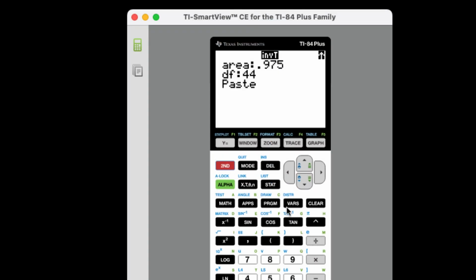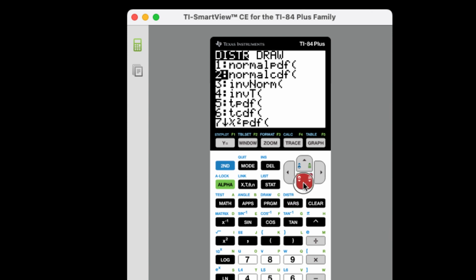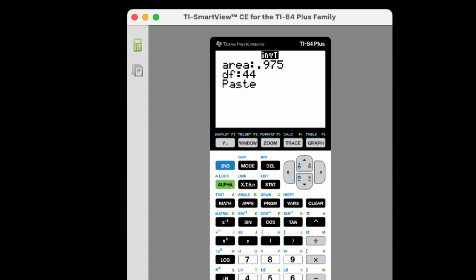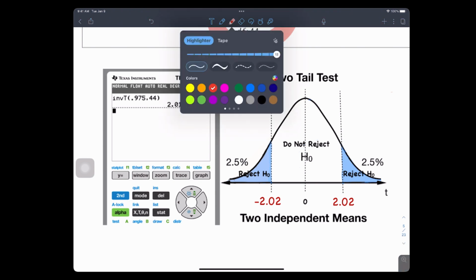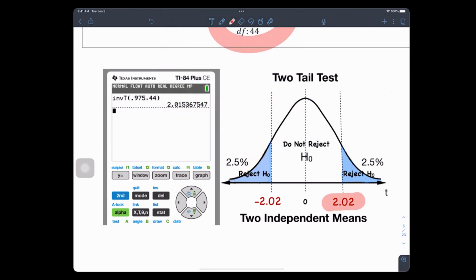So I'm showing people second distribution, inverse T, and 0.975 and degree of freedom 44. We should get 2.02 to the nearest hundredths, and that's exactly what it is on this sheet of notes. 2 critical values.